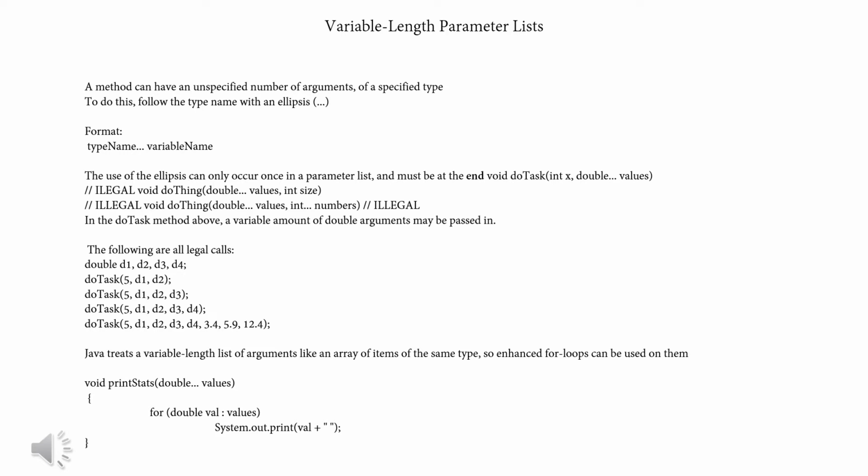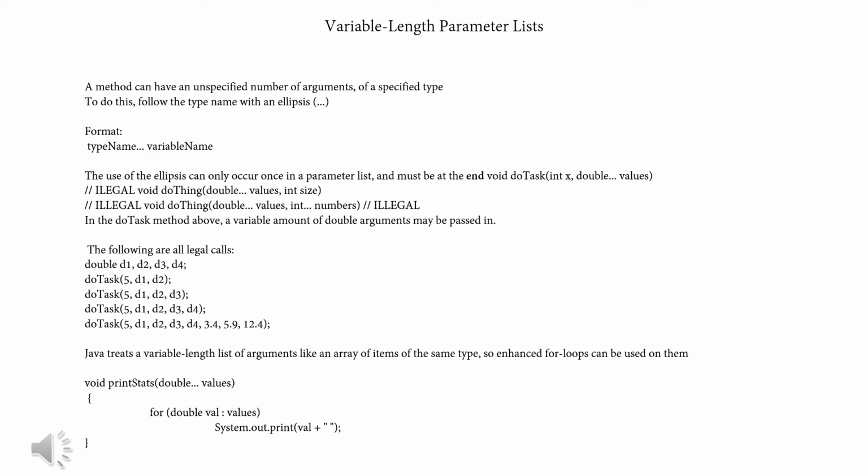There is a small point here: the parameter with an unspecified number of elements should be located at the end of the parameter list, and it can occur just once. That's the point you need to keep in mind.